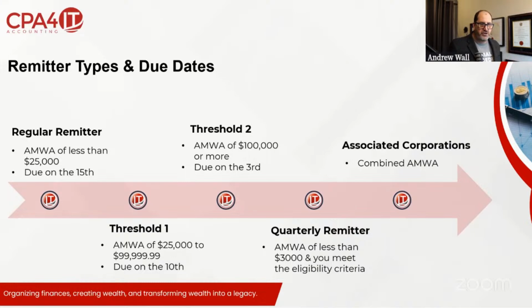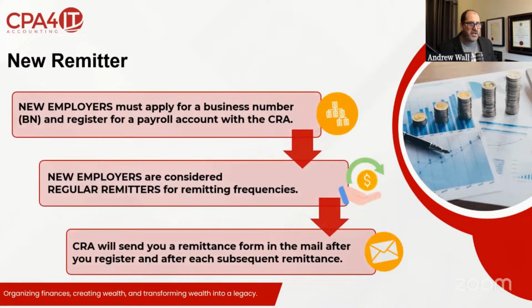As I mentioned earlier, if this is your first year of operations, you will be considered a regular remitter. If you were incorporated by us, we will have set up your business number, and we will have set up your GST, HST account and your corporate tax account.